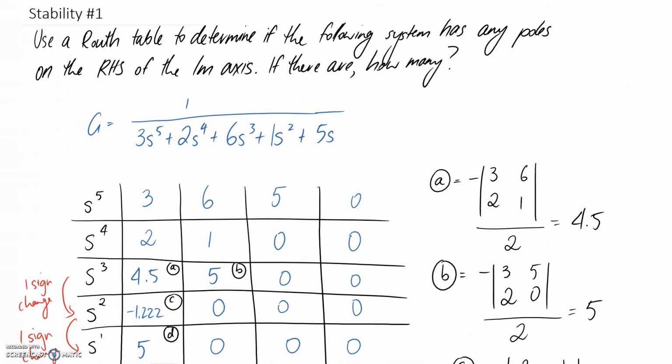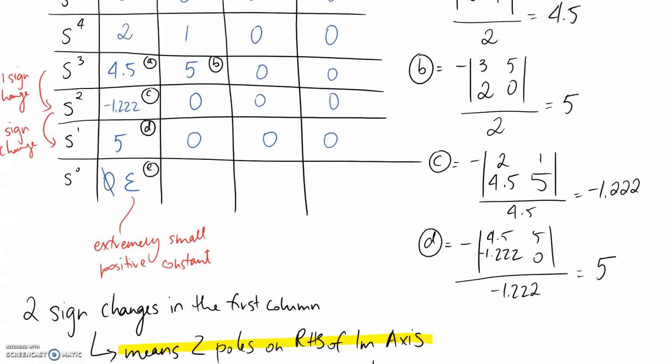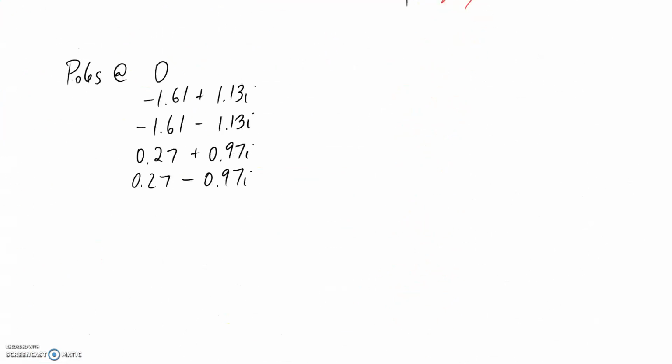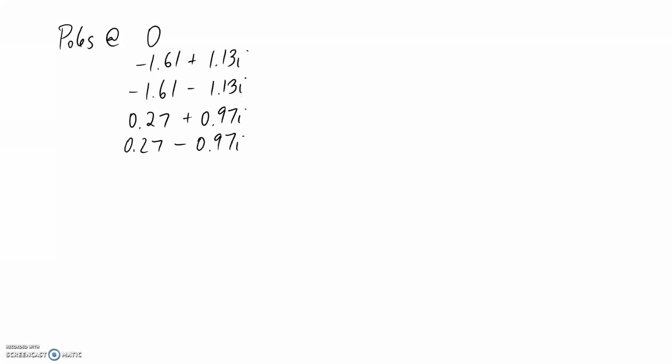However, what we could do is, if you have access to MATLAB, you can actually go through and check where the poles lie, because this Routh table is only going to tell you how many are sitting in that positive real axis section. So if you go and do that, I just use MATLAB, we end up with these 5 poles coming out. We decided that 2 of them sat in the section where we didn't want them to be. So if we just quickly, I labeled these the wrong way.